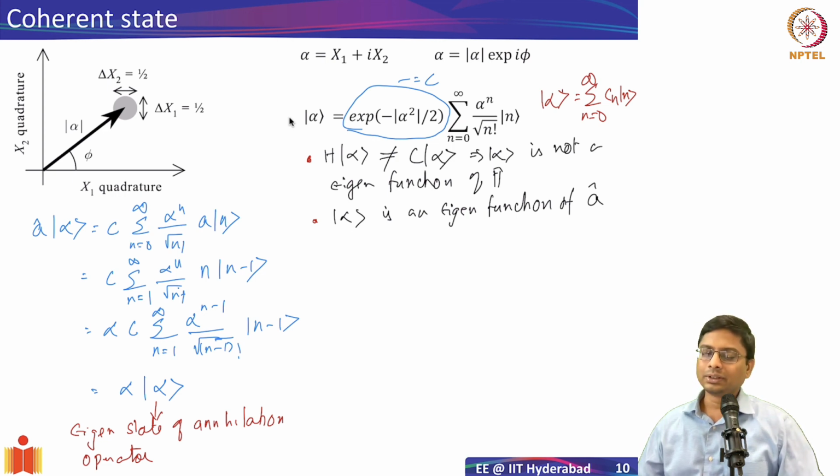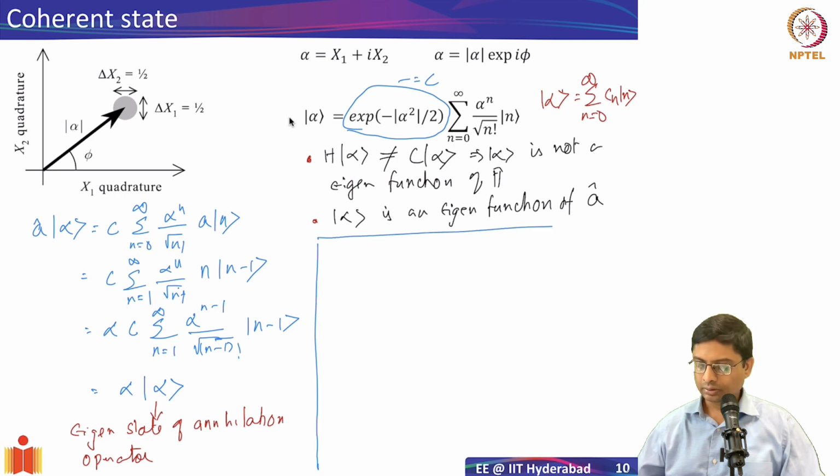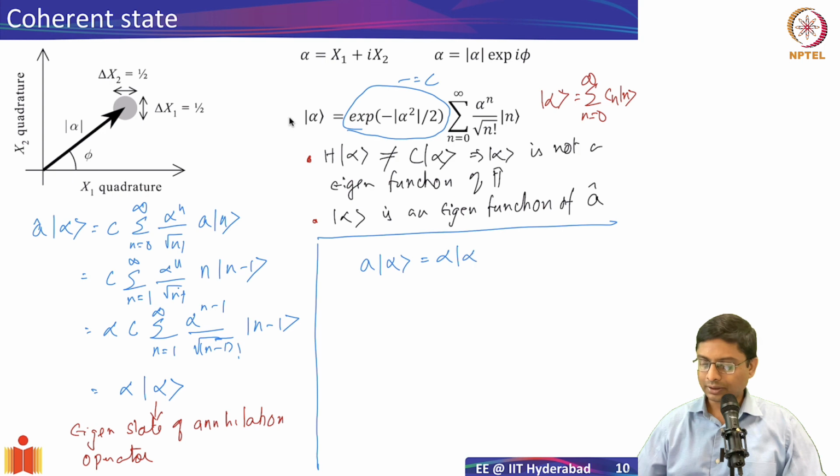Now, one way to consider what this implies is, let's put it back here. We know that A acting on alpha is going to give me alpha times alpha.